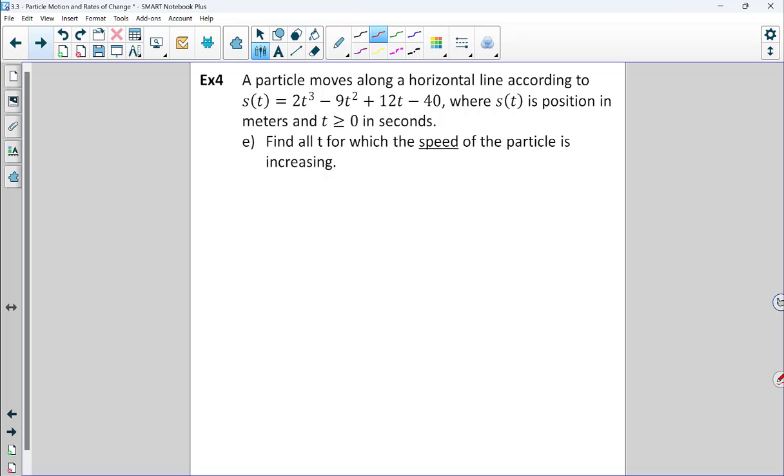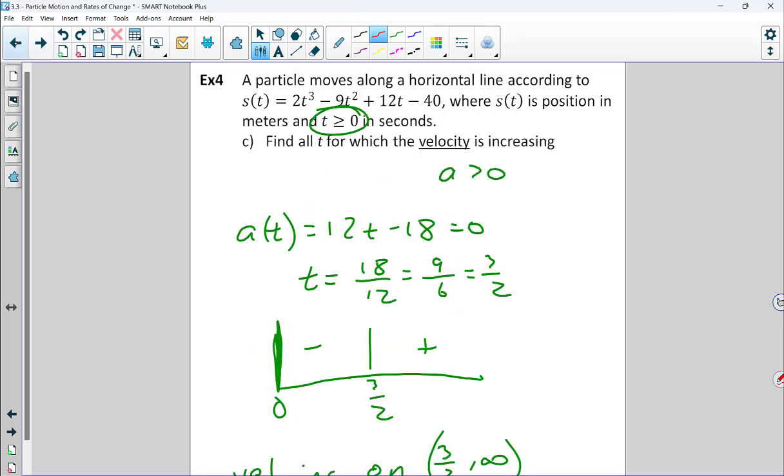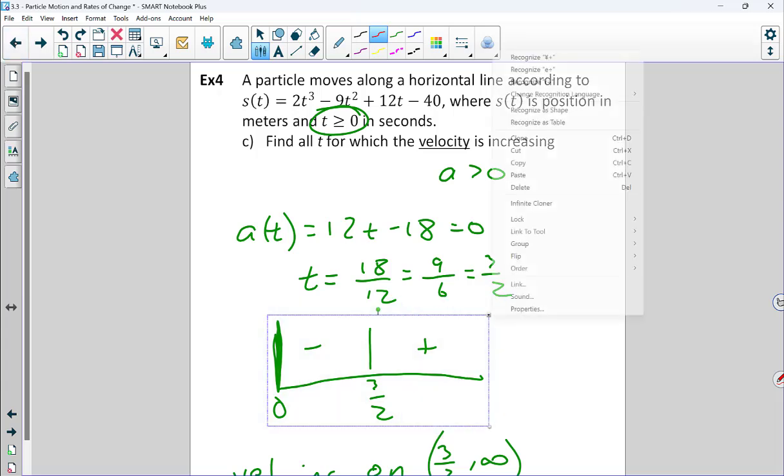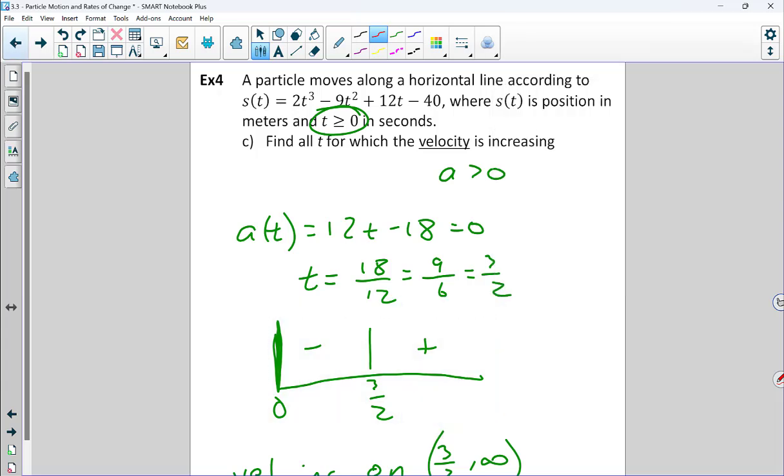Find all t for which the speed of the particle is increasing. So speed is increasing, so speeding up, that means the velocity and the acceleration would have to be a double positive or a double negative. I've already done sign charts for both. So here was my sign chart for acceleration. Actually, let's just copy that. So 3/2.